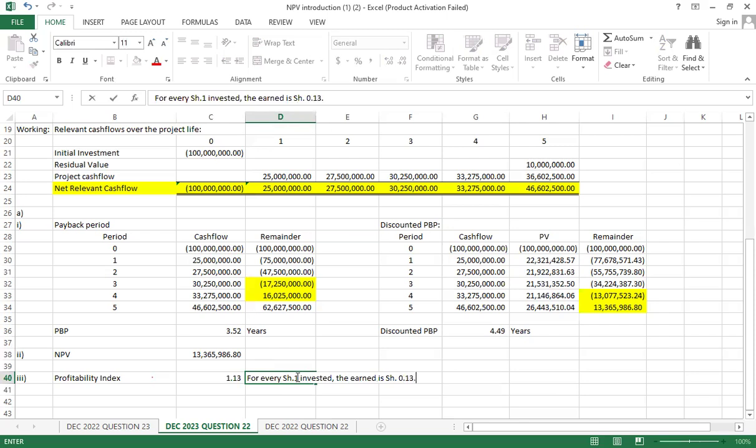For every 1 shilling you invest, you make a profit of 0.13 shillings. That is what 1.13 means. So that, ladies and gentlemen, is it for part A.